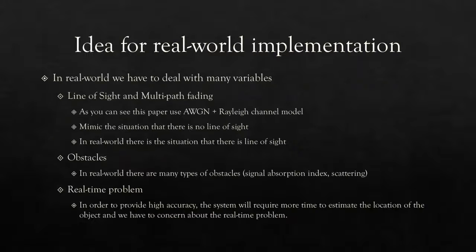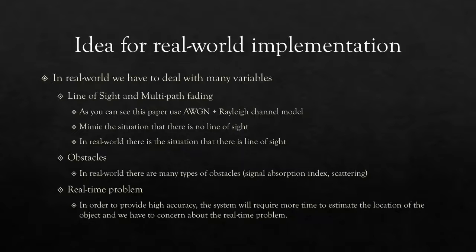For the idea for real-world implementation, in the real world we have to deal with many variables such as line of sight and multipath fading. As you can see in this paper, we use AWGN plus Rayleigh channel model to mimic the situation where there is no line of sight. In the real world, there are situations that have line of sight, so there is a dominant signal.